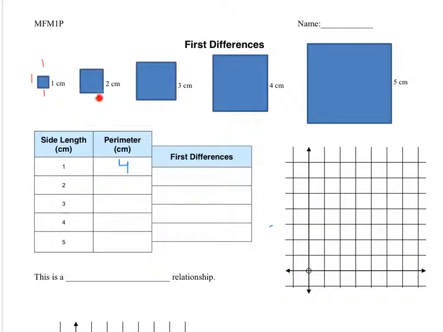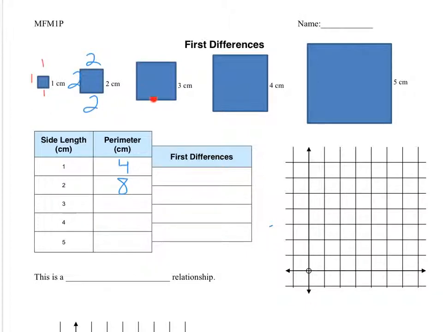In the second square, we have 4 side lengths of length 2, so we can do 4 times 2, or we can add 2 plus 2 plus 2 plus 2, which is 8.